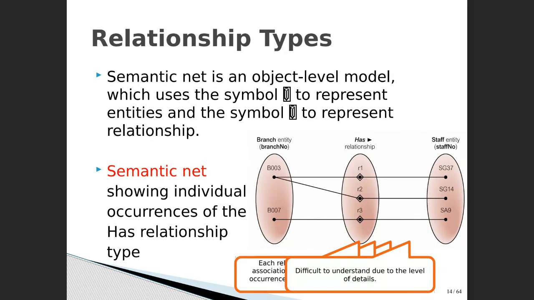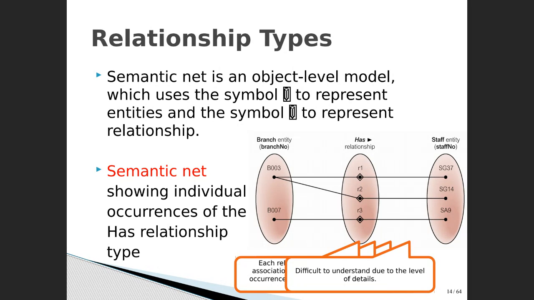Three occurrences for the staff entity type. If we look at the first relationship, B003 will have relationship number one with the first occurrence of the staff, and at the same time another relationship with the second one. So one branch, many staff. One branch, many staff.